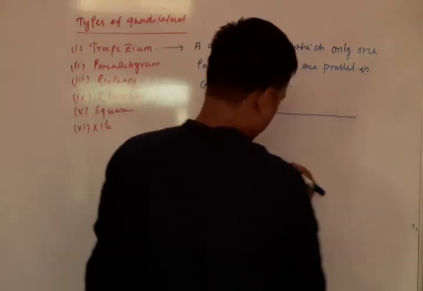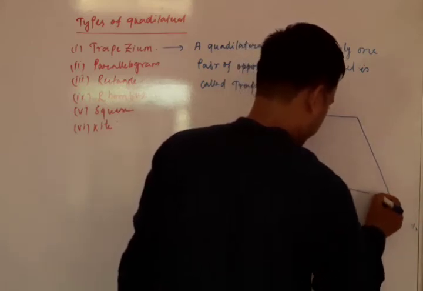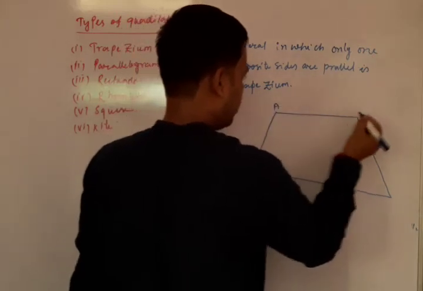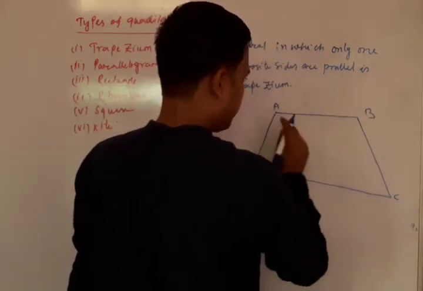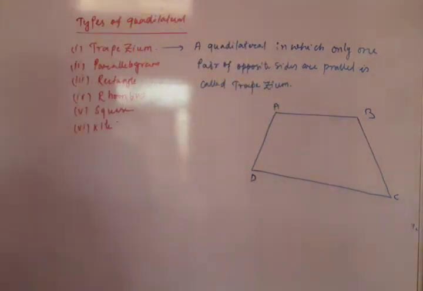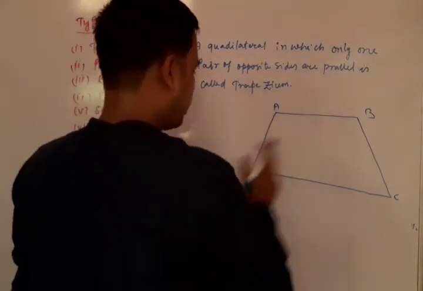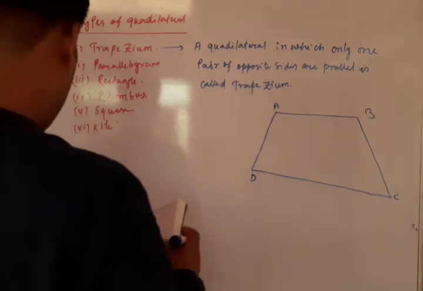So see this figure, A, B, C, D. Here which sides are parallel? AB is parallel to CD. So this becomes a trapezium. Only one pair of parallel sides.